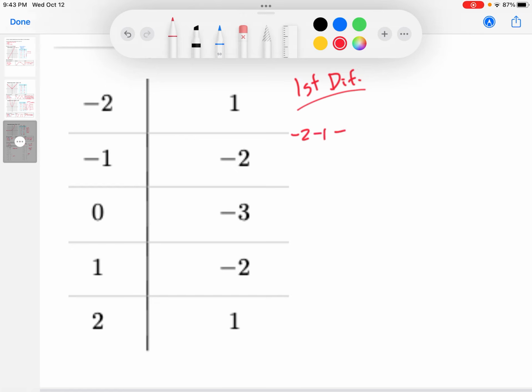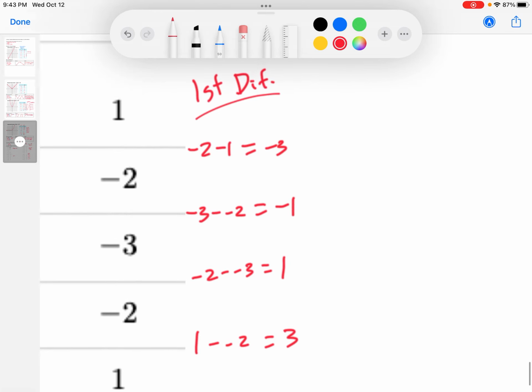So I'm going to have to go -2 minus 1, which is -3. I'm going to have to go -3 minus -2, which is -1. Let's see, where am I? I'm going to have to go -2 minus -3, which is +1. And then I'm going to have to go 1 minus -2, which is +3. Oh boy, I don't see much of a pattern.